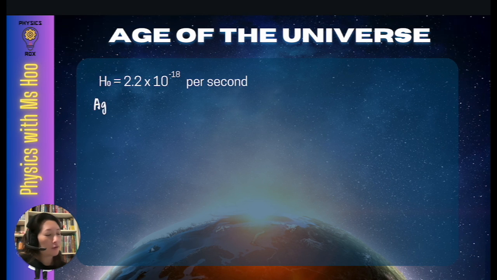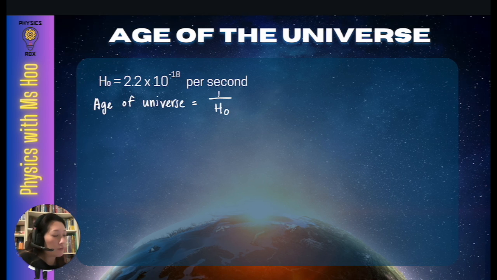The age of the universe is equal to the reciprocal of the Hubble constant. So you're not required to memorize the Hubble constant, but you are required to know this relationship. So you must know age of the universe is 1 over H0.